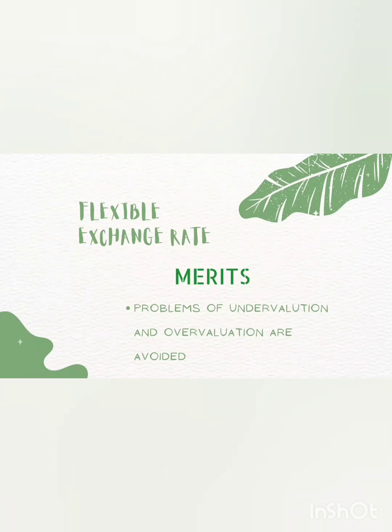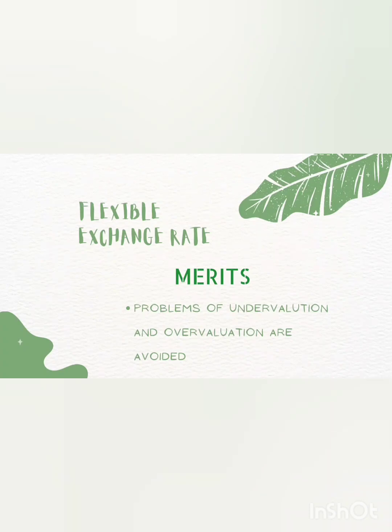Whenever there is deficit in balance of payments, implying overvaluation of the national currency under the flexible exchange rates, it will depreciate. That is, its value will fall, which on the one hand will make exports cheaper and thereby encourage them, and on the other will make the imports costlier than before, which will tend to discourage them.